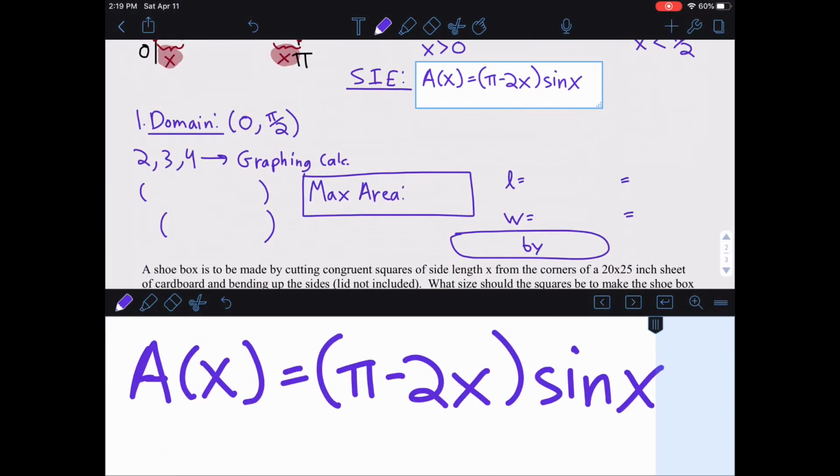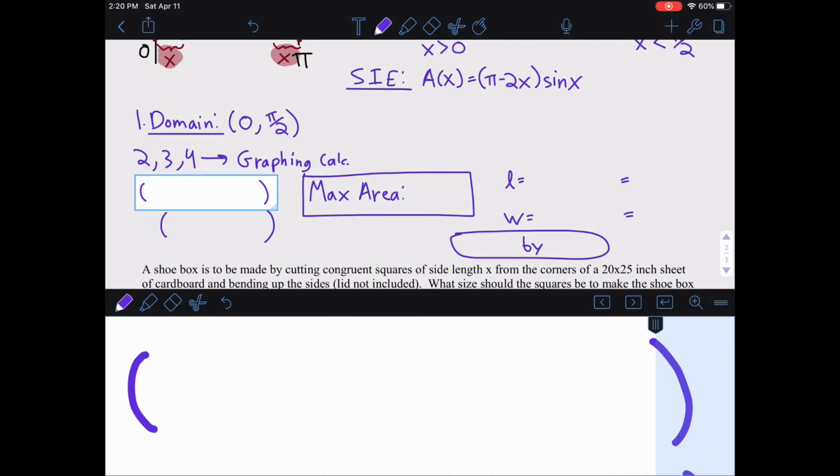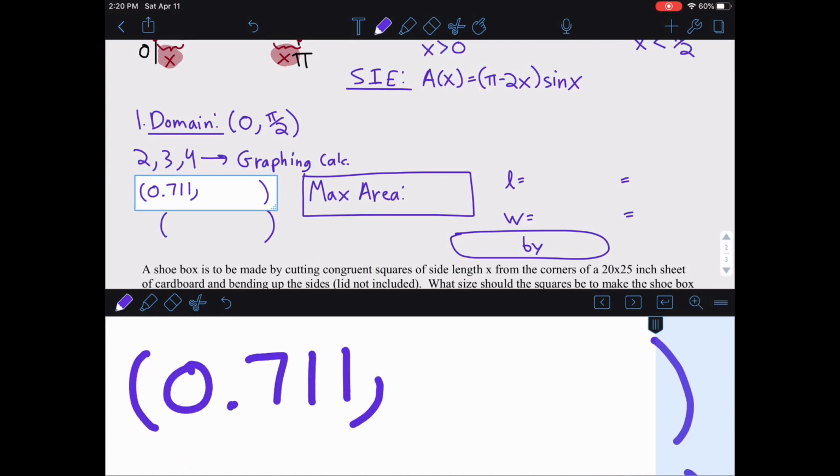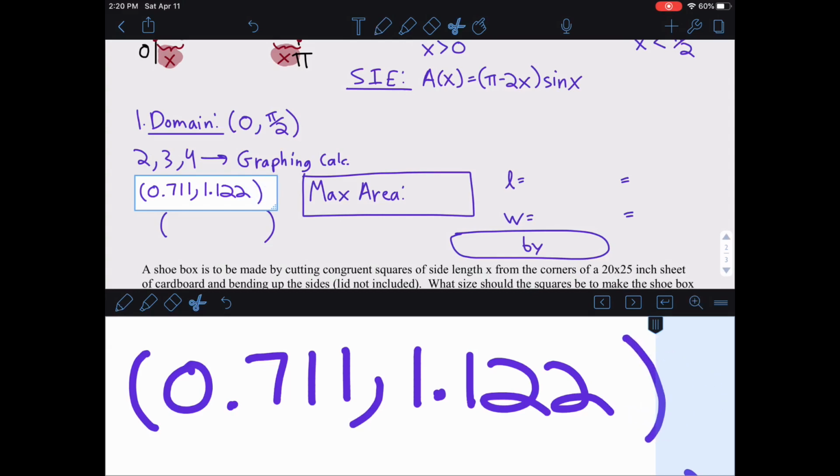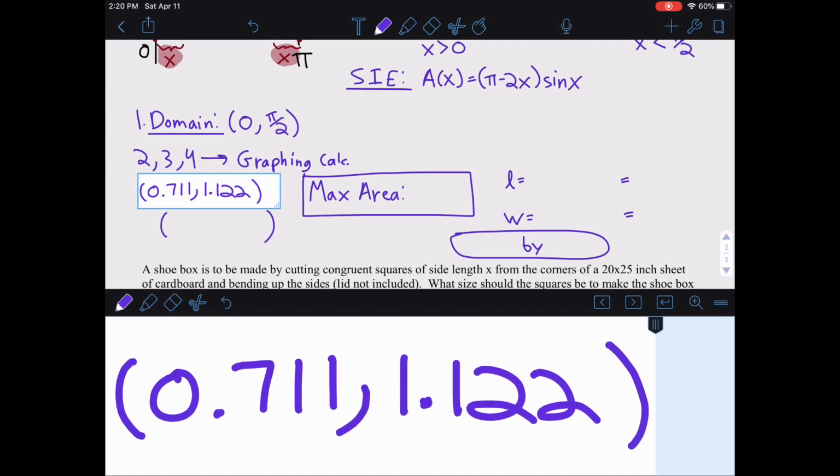The result of steps 2, 3, and 4 on the graphing calc, I get 0.711, rounded to 3 decimal places, and 1.122, okay? Now, that's what I get, but another important thing we have to do, and this is what I was talking about just before we went to Desmos, is you have to look at this and know what each part of this represents, right?